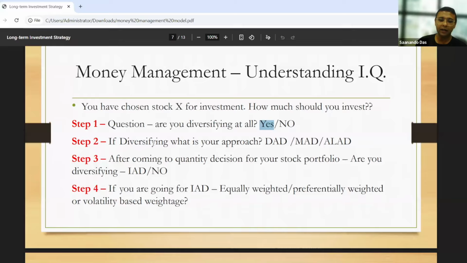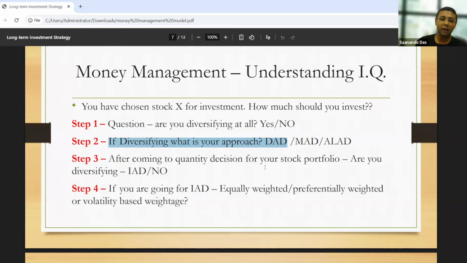So we have taken the approach DAD, dual asset diversification. That means now I have decided, okay, 6 lakhs will go for stocks. Now I have to decide, will this 6 lakh be invested in one stock or multiple stocks?